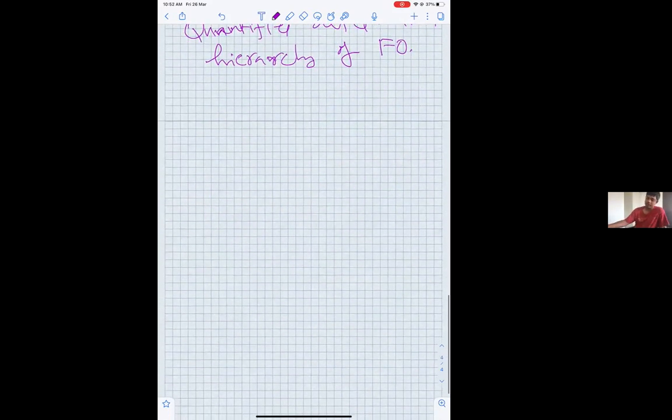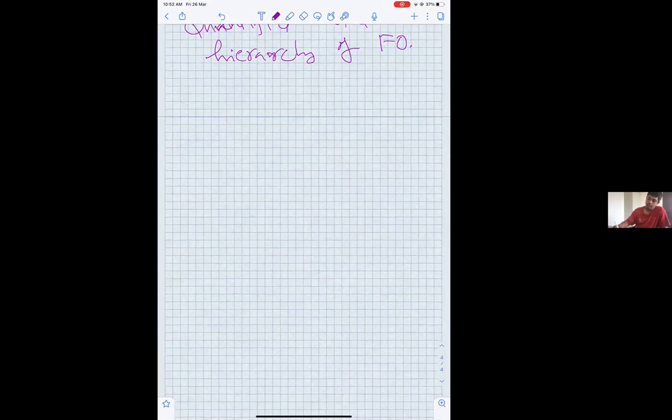Let me also introduce another class. If I have a sigma 1 formula, it's like there exists x, there exists y, phi of x y. And if I have a pi 1 formula, it's like for all x, for all y, phi of x y.